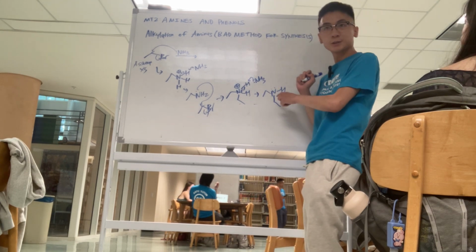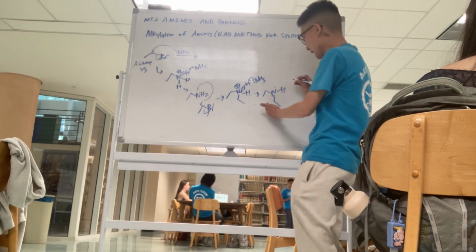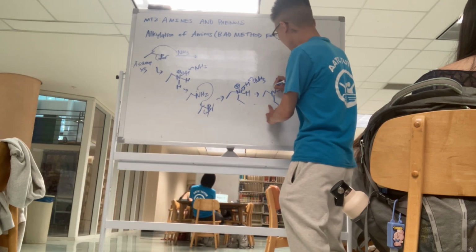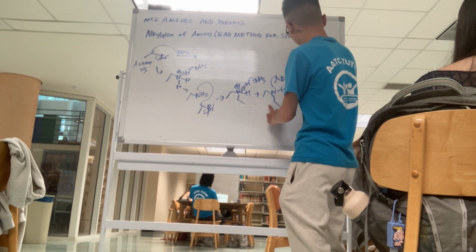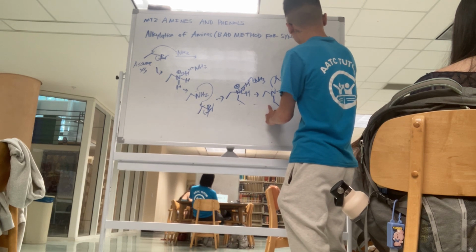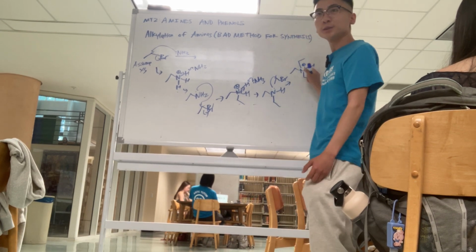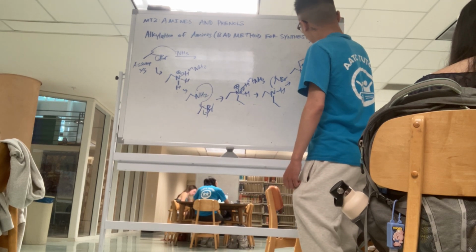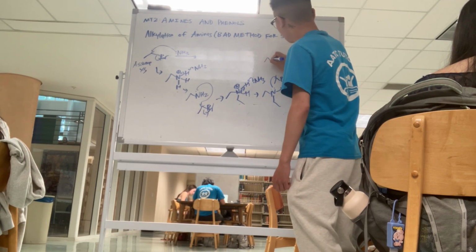Introduced another pair of electrons, which is gonna make this nucleophilic again and attack another haloalkane here. Now this is the last proton here that's gonna get deprotonated to neutralize this amine.